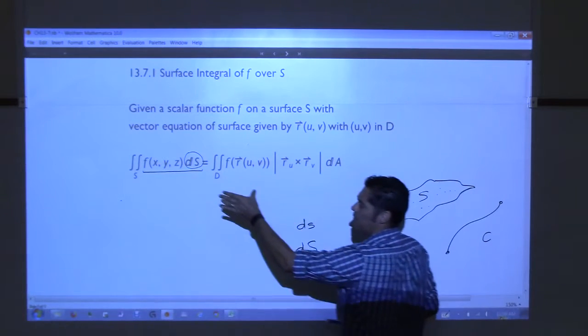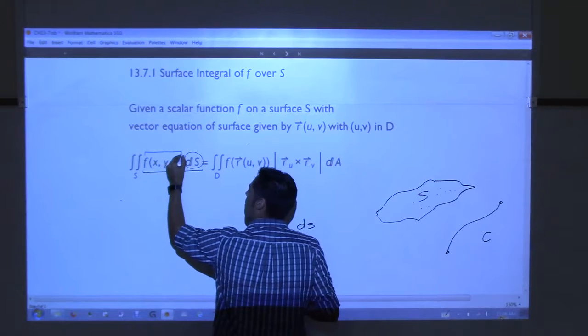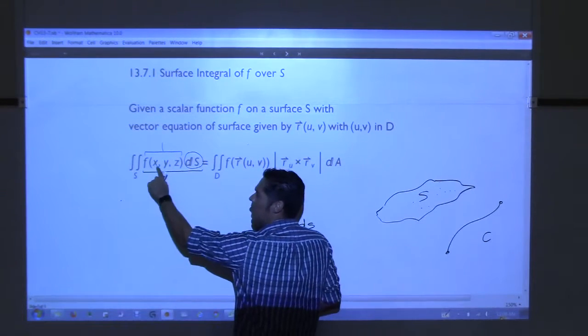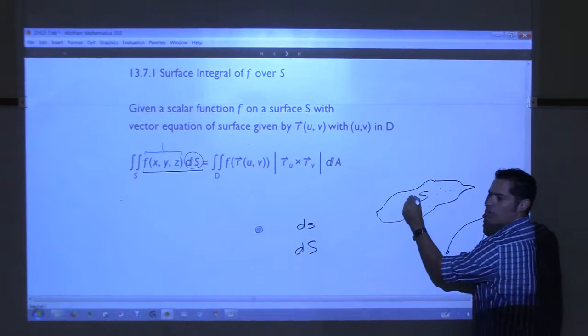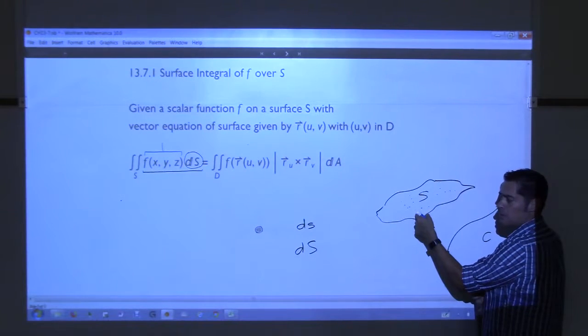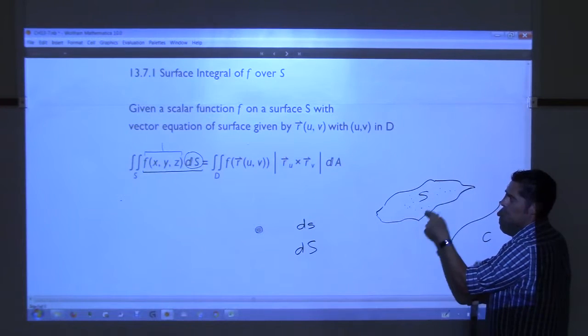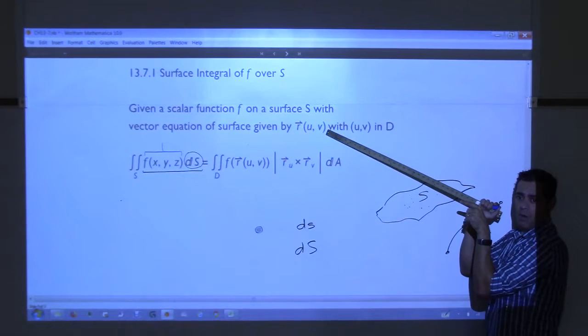This is the notation for a surface integral. You're going to take the function and evaluate it at all these points, right? But how do you draw these points? What do you use to draw the surface, what are you using? That, right? R of u v.